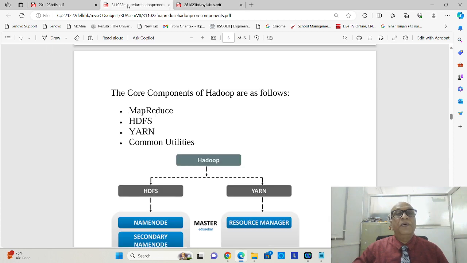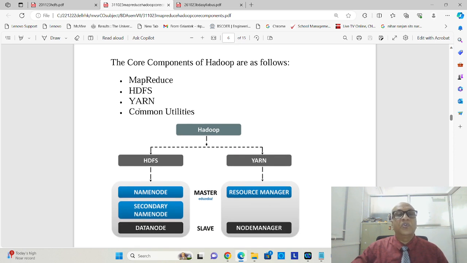If you remember the previous discussion, we had seen the core components of Hadoop being MapReduce and HDFS. And we know that MapReduce is for processing and HDFS takes care of storing. And this was supported by YARN and common utilities.